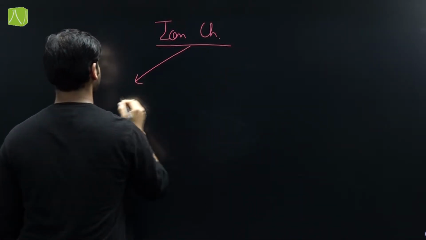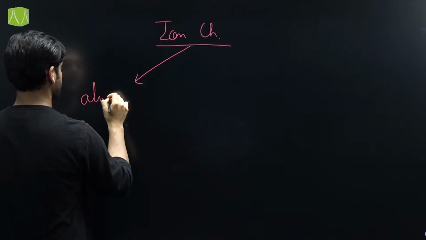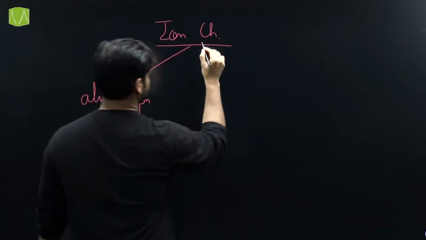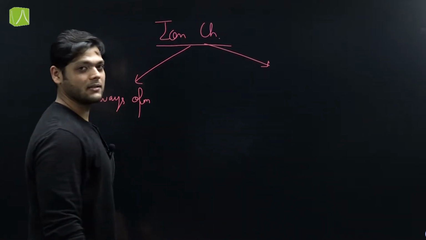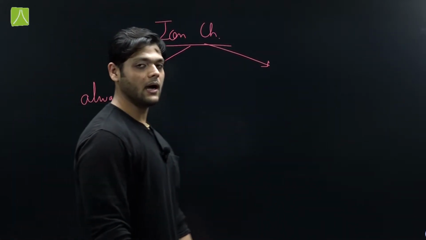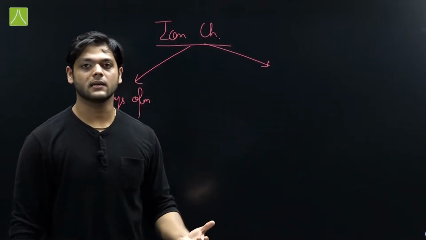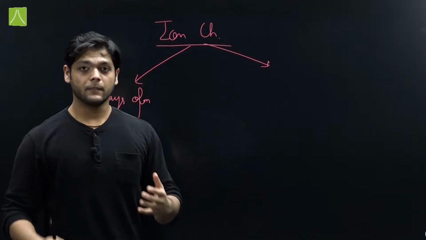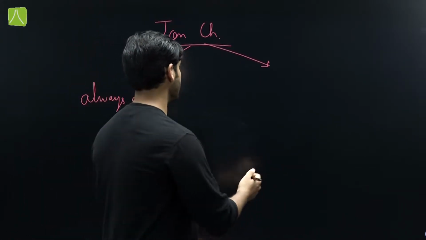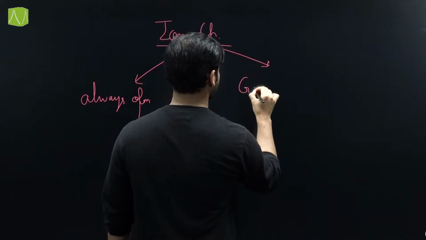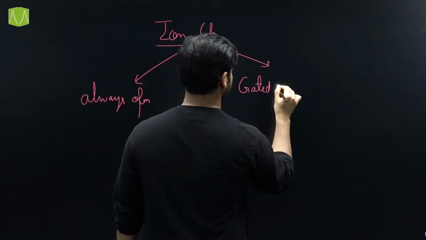Some ion channels are always open. Some ion channels are facultative, or they are occasional. They open when a specific condition comes, when the proper criteria are fulfilled. Then only these ion channels are opened, and these are called gated ion channels.